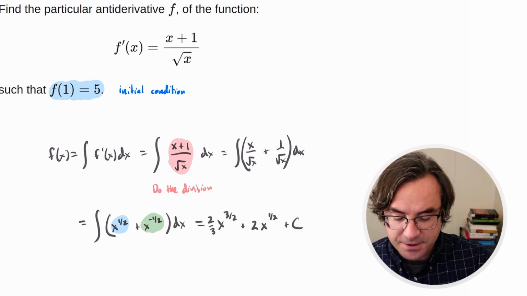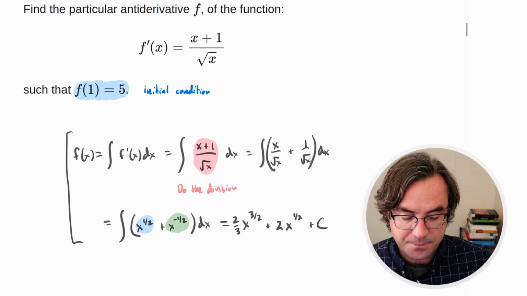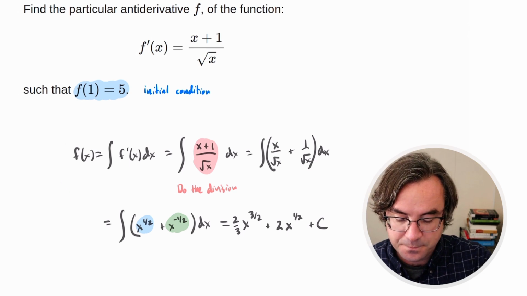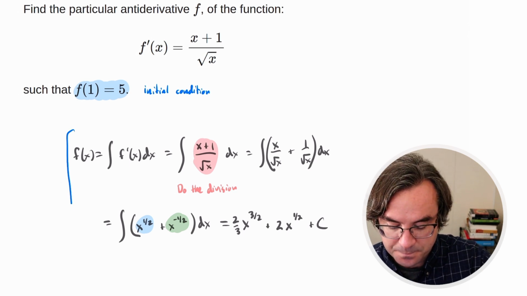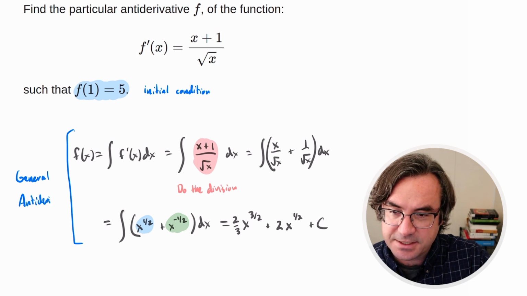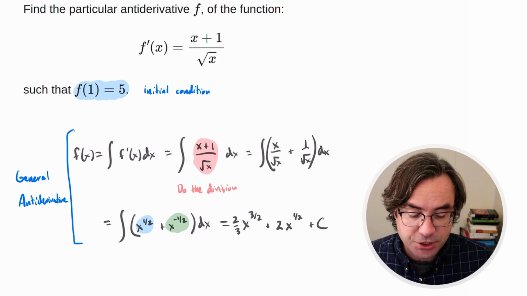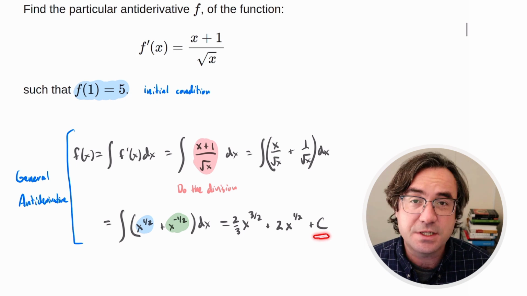So the first part of this is just finding the general antiderivative. And now the next step is to actually use that initial condition to figure out what the c value is.